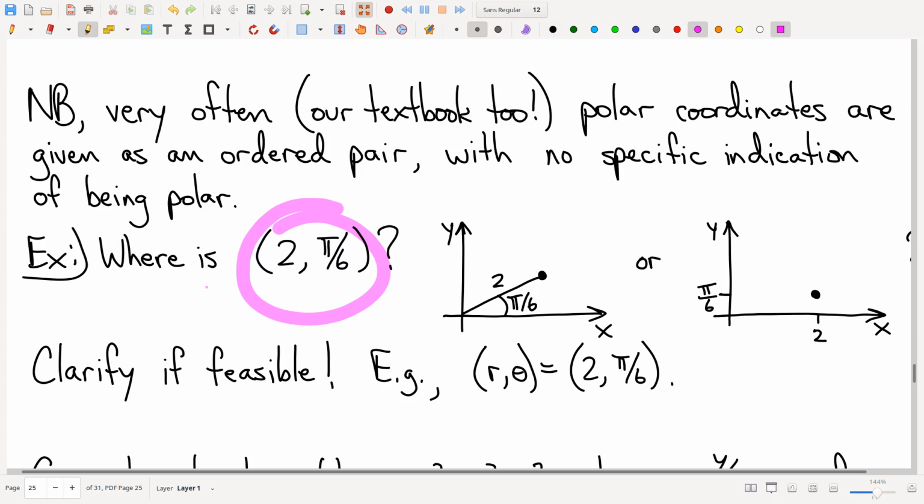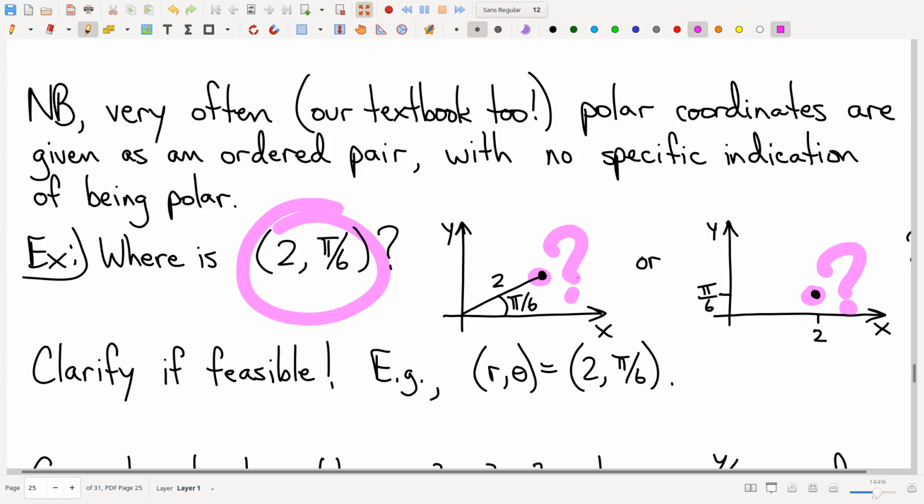Well, okay, it kind of looks like an angle, but I'll have to recognize pi over 6 is a perfectly legitimate real number, and it could totally be a y-coordinate, right? So there's no way to know that this notation doesn't refer to the point with x equal 2 and y equals pi over 6. And there's also no way to know. Maybe it refers to the point with theta equal pi over 6 and r equals 2. I don't know. What's written down here just isn't clear.